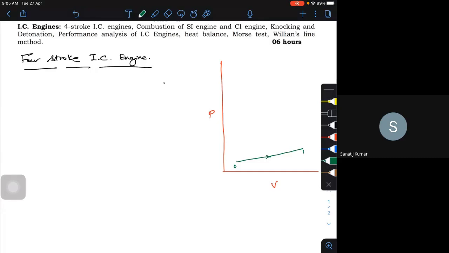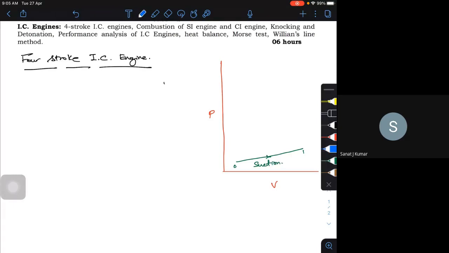If it is purely a CI engine, only air is sucked in, but in case of your SI engine, both air and fuel mixture are sucked in. This is how the suction will happen. This is purely suction.